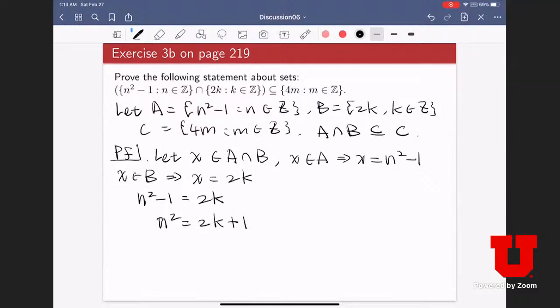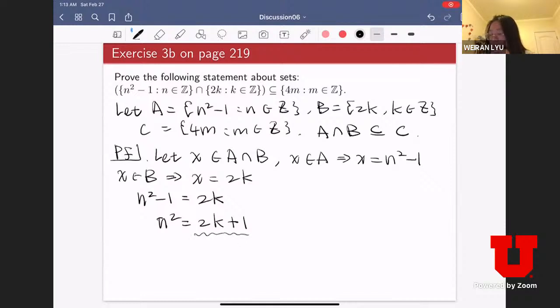Yes, so n squared is odd, and I'm not sure by what definition, but if n squared is odd, then n is equal to 2 whatever letter, 2j plus 1. Yeah, exactly. So we have n squared equals 2k plus 1, and we can tell that 2k plus 1 is the definition of odd.